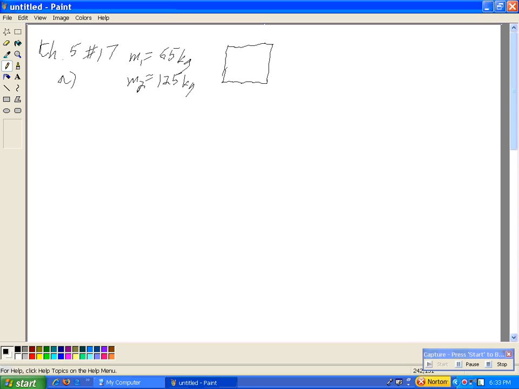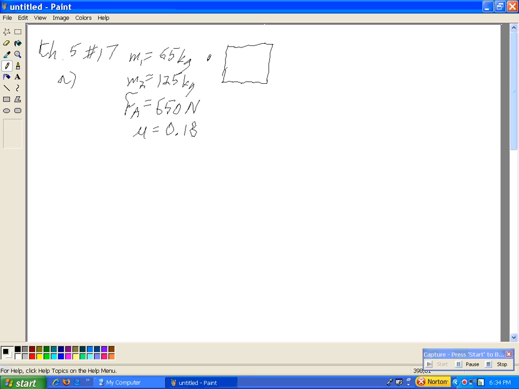The applied force is 650 newtons. And the coefficient of kinetic friction is 0.18. No units because it's a ratio. Alright.